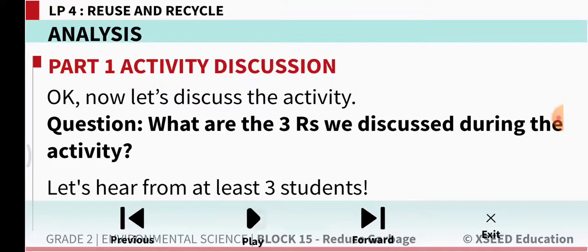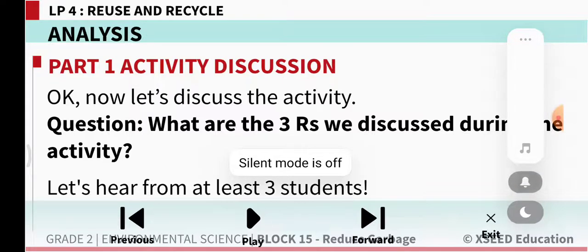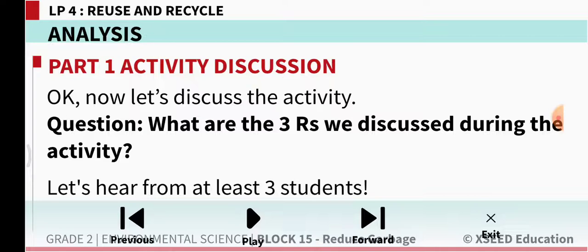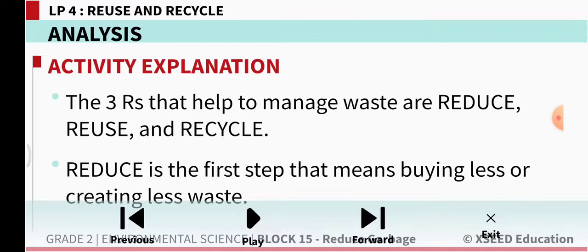What are the 3 R's we discussed during the activity? The 3 R's are, remember always, reduce, reuse, and recycle. The three R's that help to manage waste are reduce, reuse, and recycle.